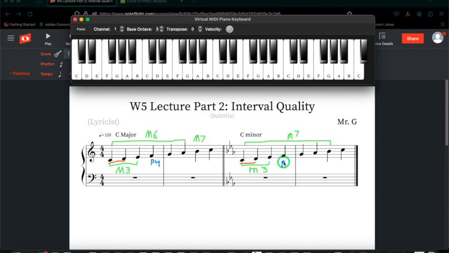And you'd indicate that with a P followed by the number 4. Fifths are also perfect. So for instance, from C to G. 5 steps away in both major and minor. So then we would label that with a P, 5.